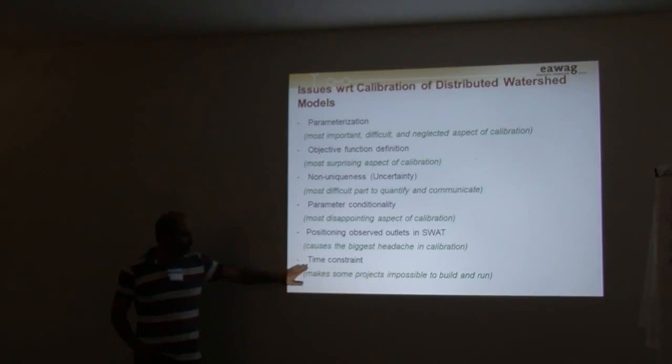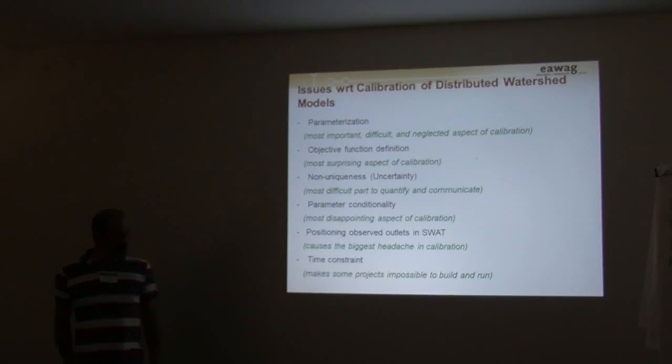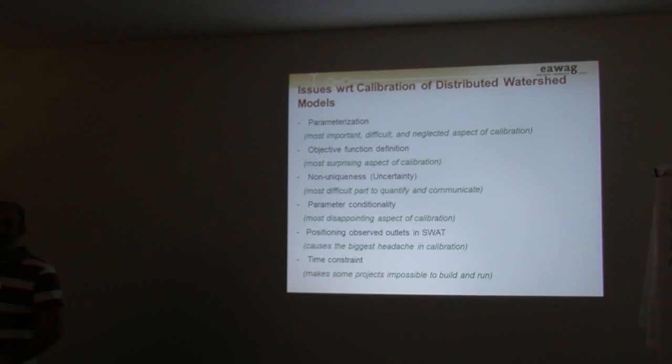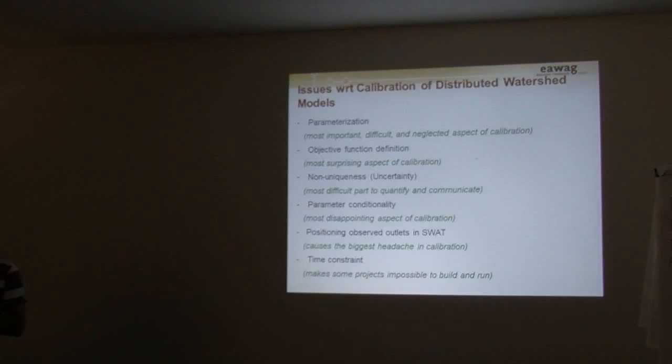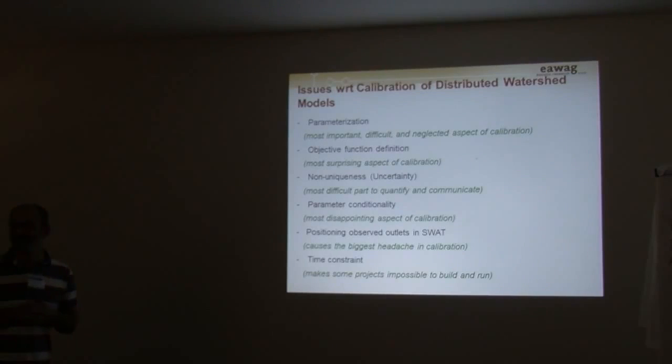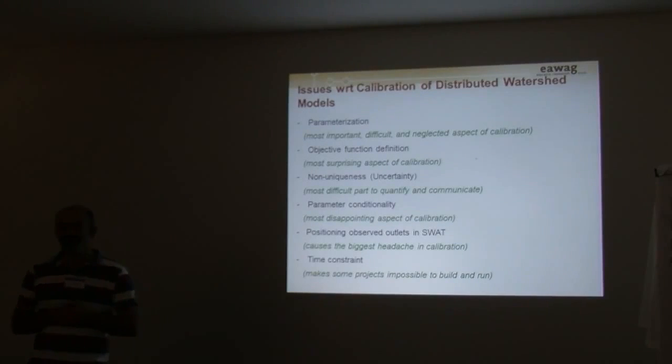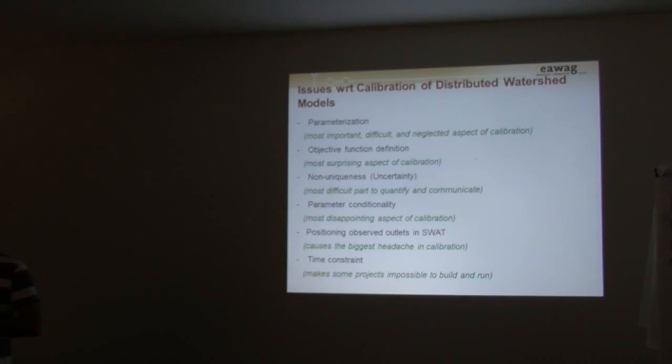And finally, there is time constraint. So I often get emails from students, especially master students. They say, look, I have 2 weeks to finish my thesis, and I can't get my calibration right. Can you help me out? So we have very little time to do something big. You may spend 2 years to build your model, then you want to calibrate it in 3 days, and that doesn't work.